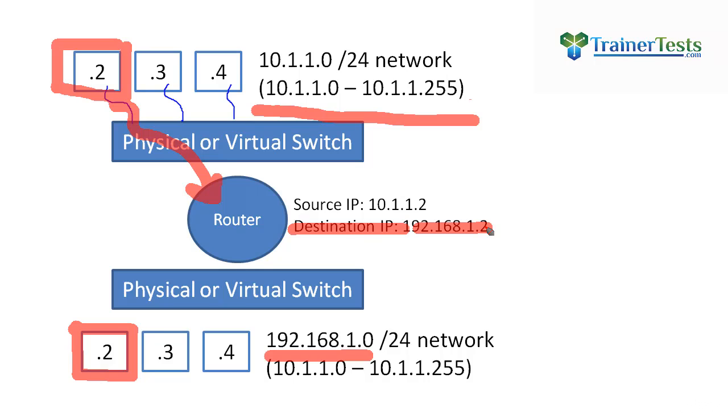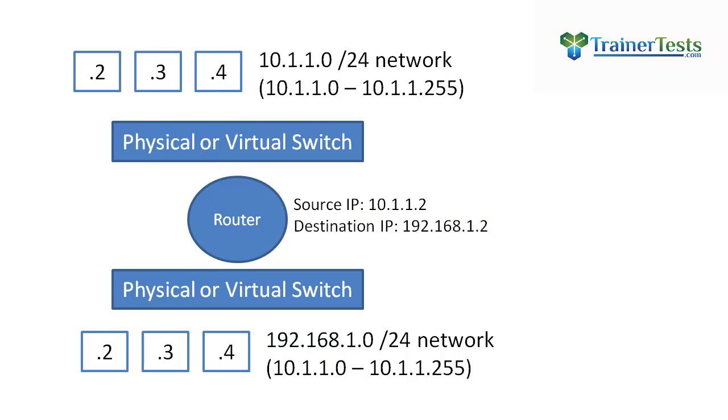And the router at this point will realize, I've got an interface on that network, the 192.168.1.0 network. And so it'll forward that packet towards that network where it can eventually reach the destination virtual machine.